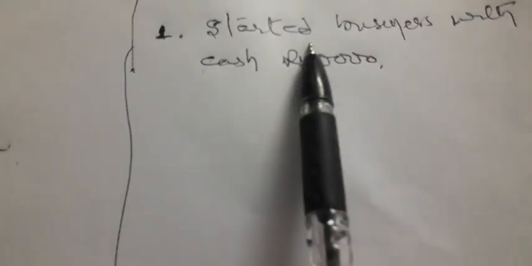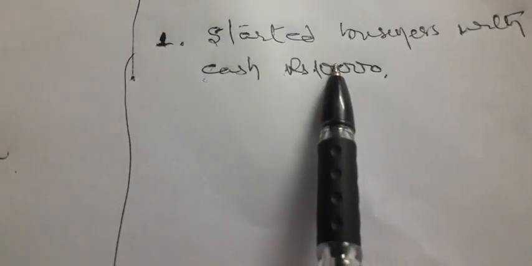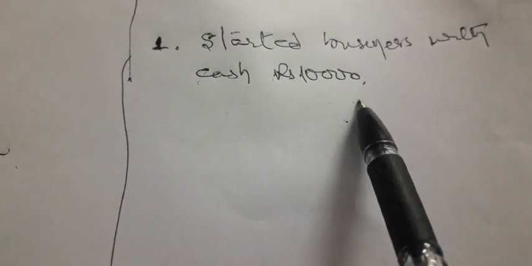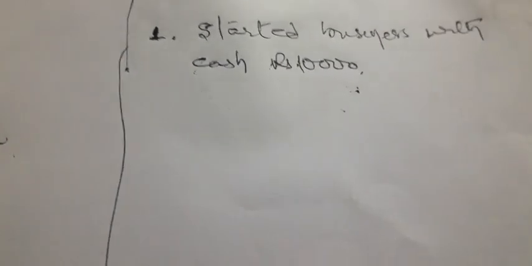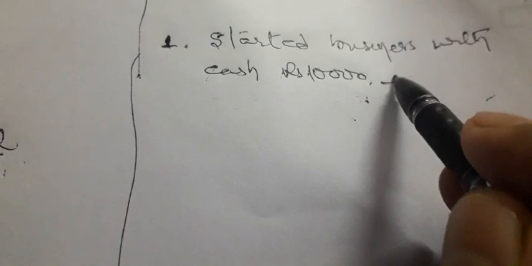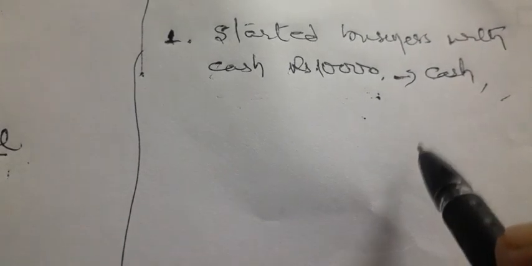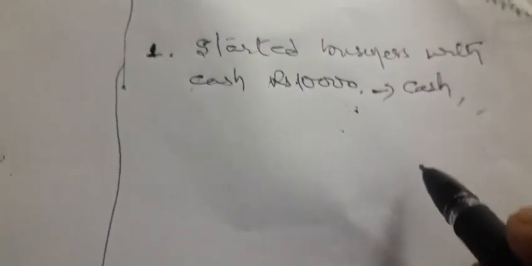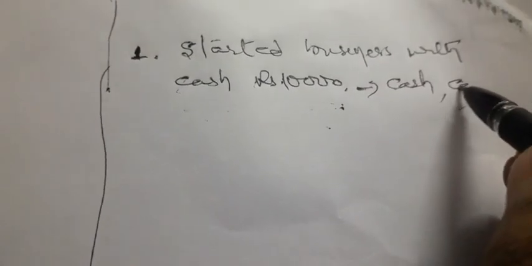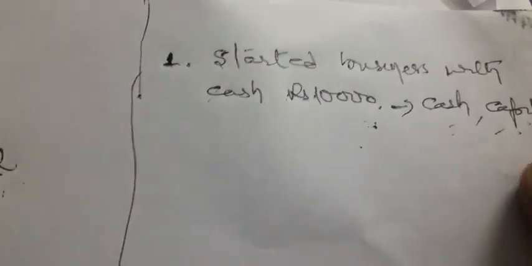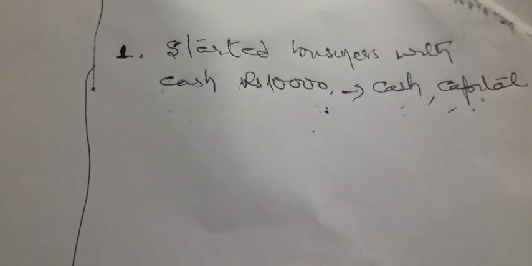So there must be two aspects in this transaction also. What are these two aspects? Number one, what is being invested? Cash. What is coming into the business is cash. So one aspect is cash here, and when the cash is invested in business, it is known as capital. So the other aspect is capital.